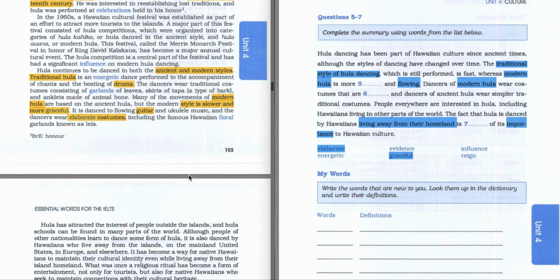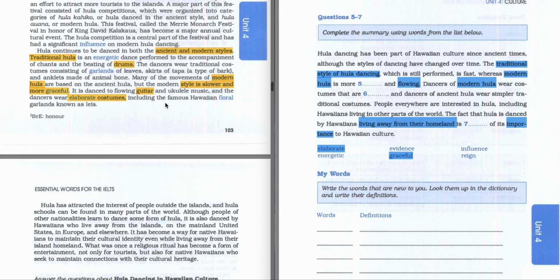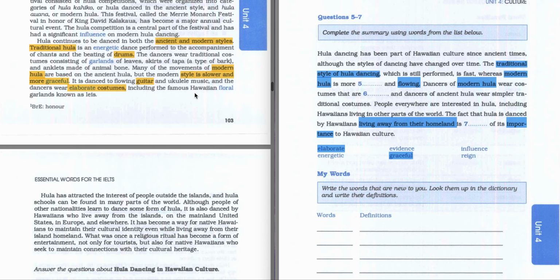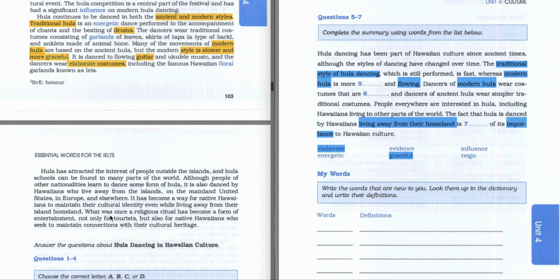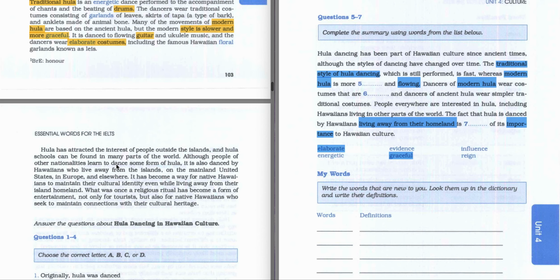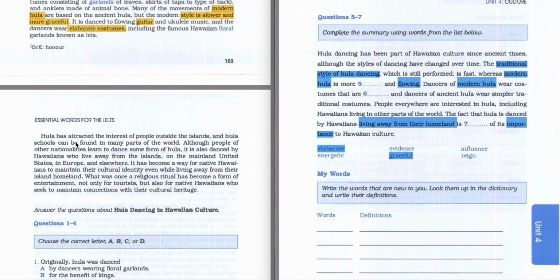Let's go further. We don't have any information about the people who were living away and who were interested in hula dancing. We didn't scan this last paragraph. Let's scan it. And here it was talking about people outside those islands, which are people who lived away from Hawaii.